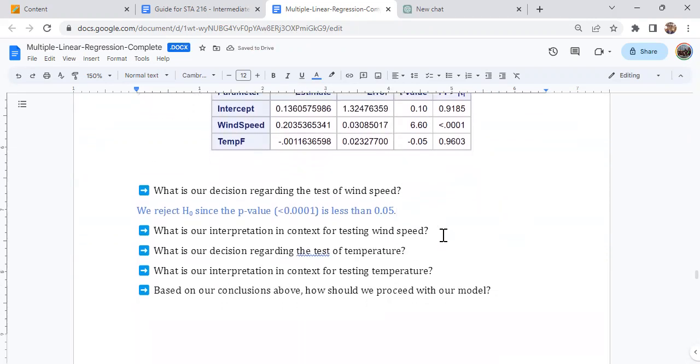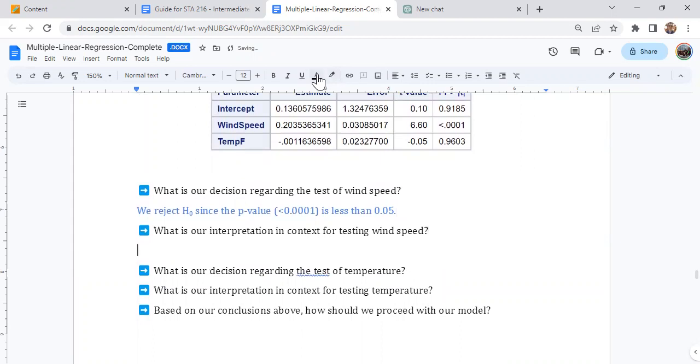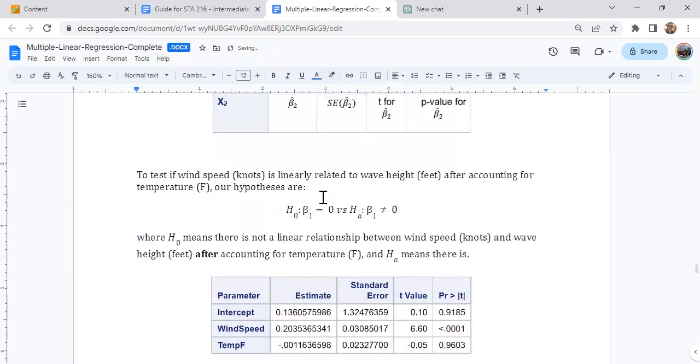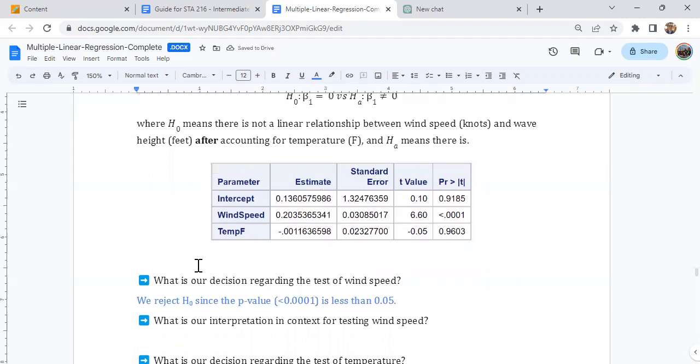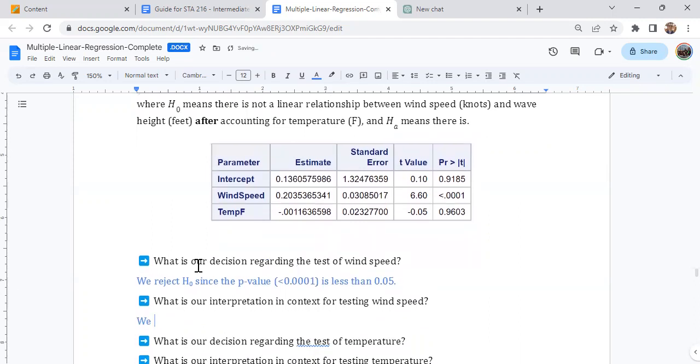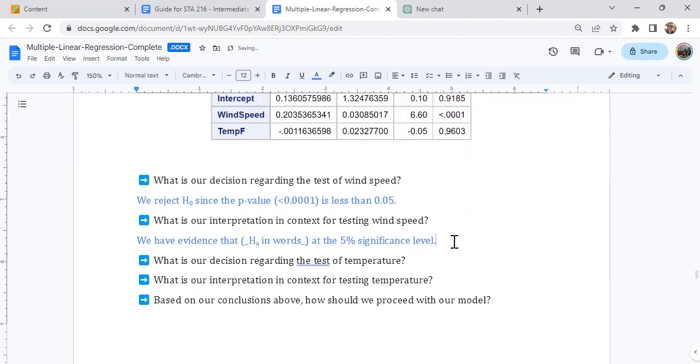So we reject H0, and what does that mean? Again, with the hypothesis test, we say we have evidence that, and then the alternative hypothesis in words, at the 5% significance level. This is how it is for every single hypothesis test.